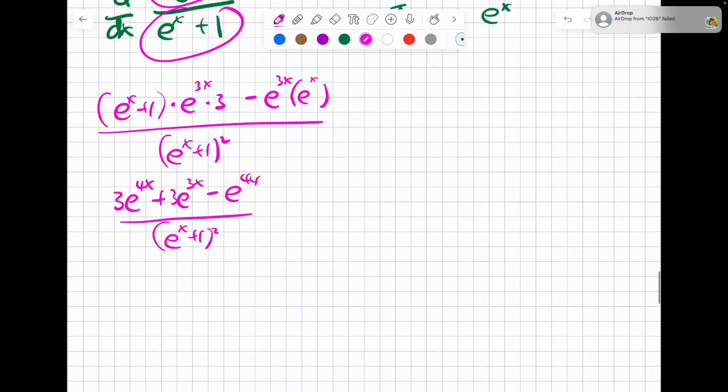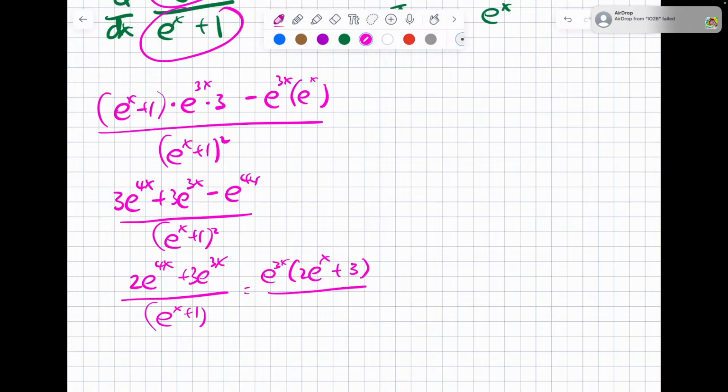If I want to simplify that, that becomes 2e to the 4x, I lied, plus 3e to the 3x over e to the x plus 1. I can factor out e to the 3x outside, so that's going to be 2e to the x plus 3, I think, over e to the x plus 1 to the second power. And this is my final answer.